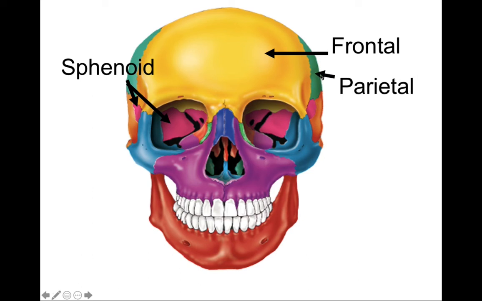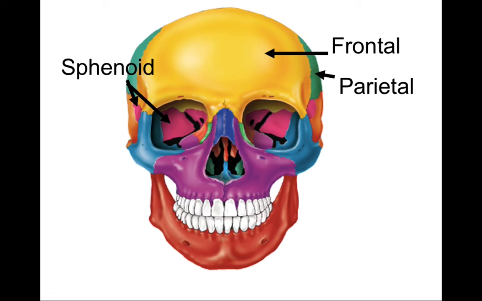The parietal bones are depicted up in green here, and from this view they actually look rather small, but that is not the true nature of the parietal bones. The parietal bones are actually going to cover the majority of the brain, specifically the parietal lobes, and there are two parietal bones, one on either side. These bones will be much easier seen from a lateral view or perhaps a posterior view, and we will see that very shortly.